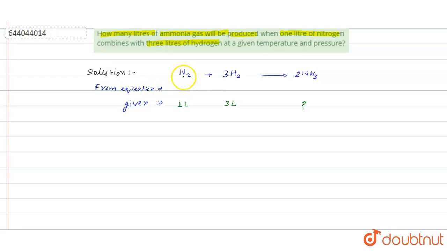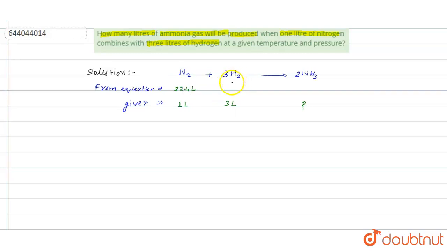The equation says that 1 mole of N2 reacts with 3 moles of H2. And we know from Avogadro's law that the volume of 1 mole of any gas at STP is 22.4 liters. So 1 mole of N2 means 22.4 liters.